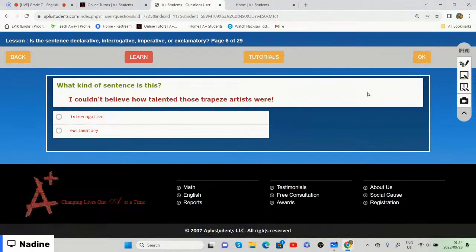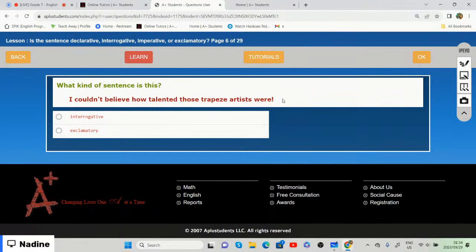I couldn't believe how talented those trapeze artists were! Lastly, we need to say what type of sentence it is.